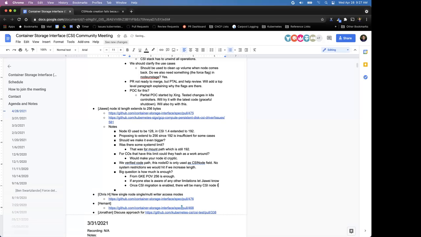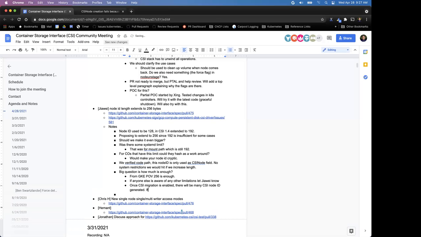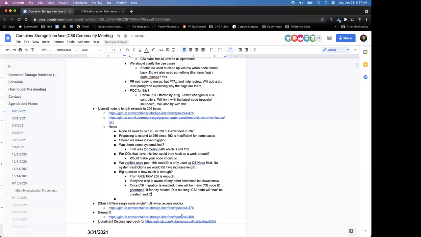So if for any reason the ID length exceeds the limitation, the CSI node will not be created, and then the CSI migration will be broken. So if anyone else thinks 256 is not enough, please raise the concern. Otherwise, I think 256 might be good enough.